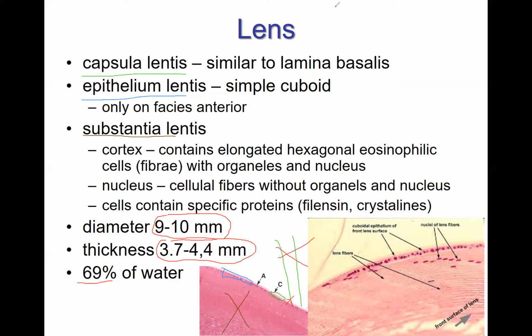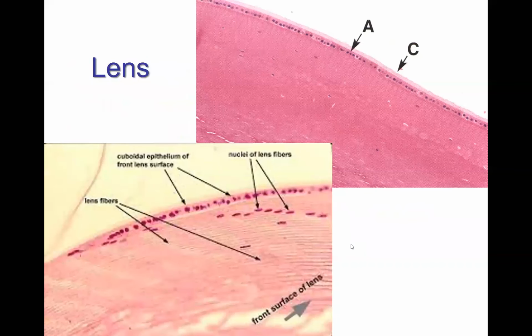That's why people with diabetes suffer from cataract. Yeah, so here you can see how it's arranged, the capsule, the anterior epithelium, and then the continuation of the cells inside. And as I said, it's histology.